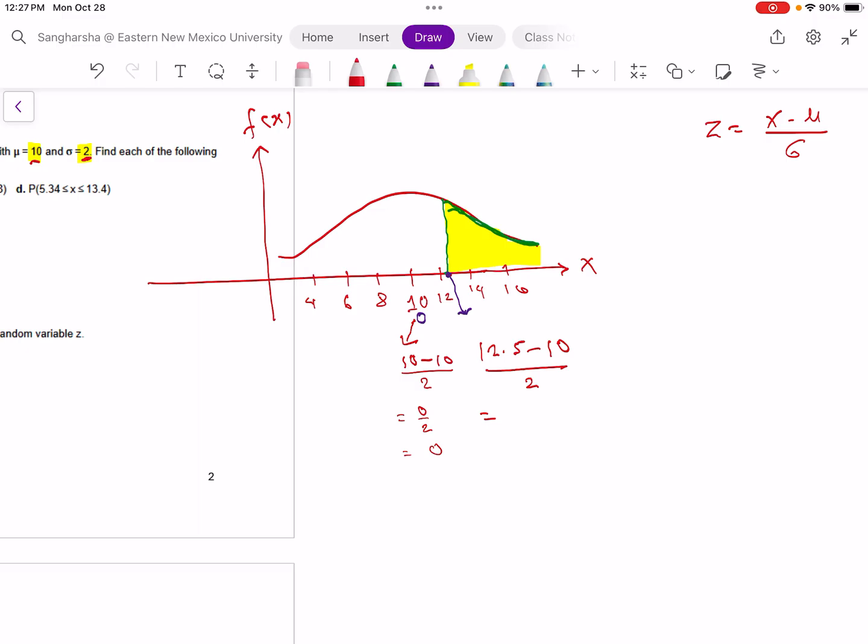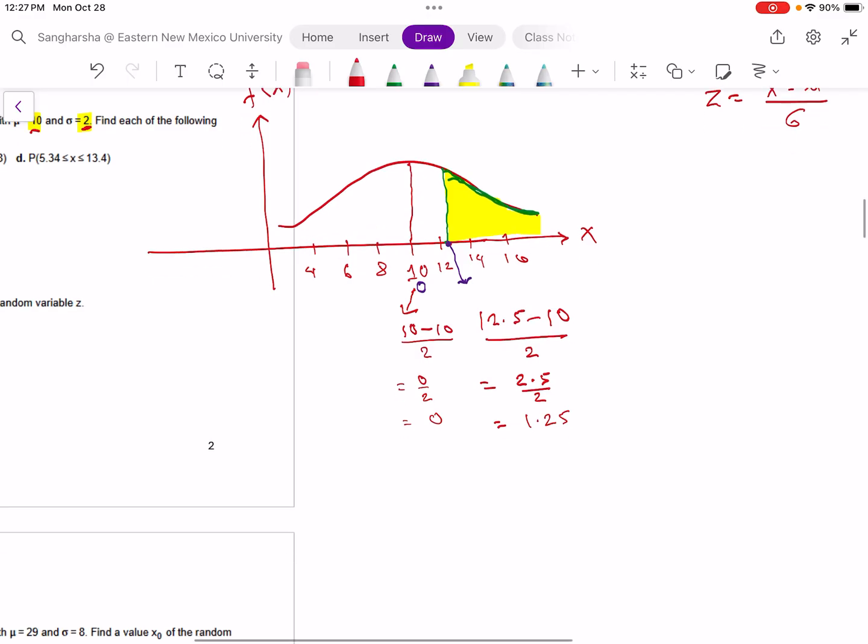So this is 2.5 divided by 2. And how much do we get? 1.25. Which corresponds to 0.3944.